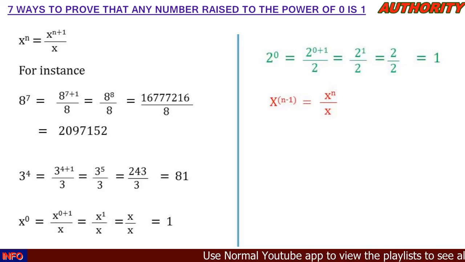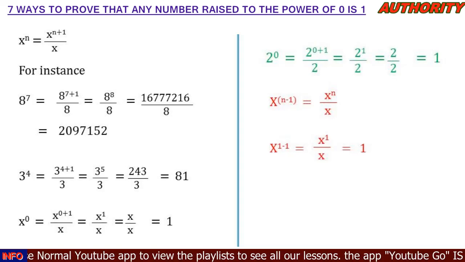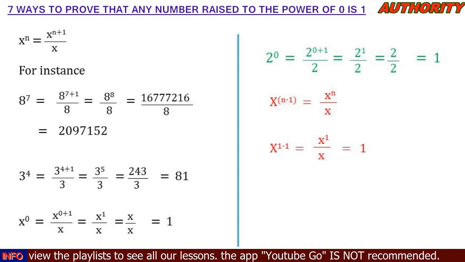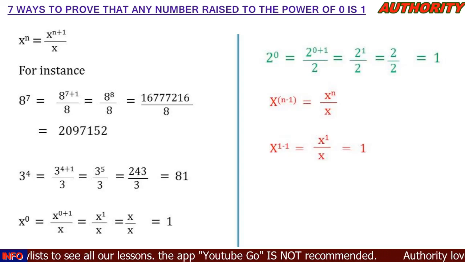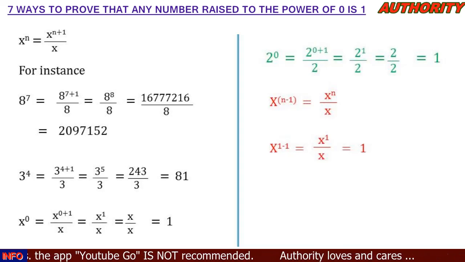That means we're going to have x raised to power 1 minus 1, which is equal to 0. On the other side, we have x raised to power 1 all over x. So x raised to power 1 is x. x divided by x is equal to 1. So therefore, x raised to power 0 is equal to 1. Any number raised to power 0 is equal to 1.